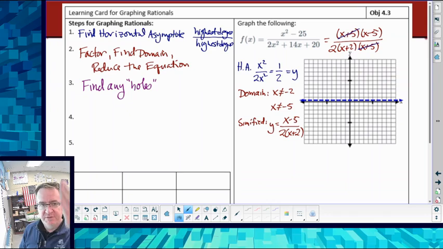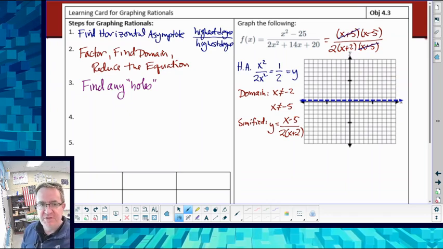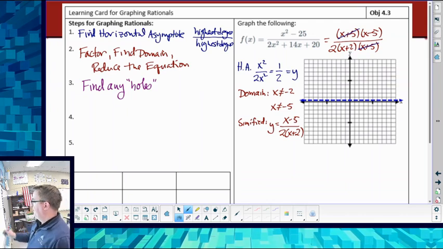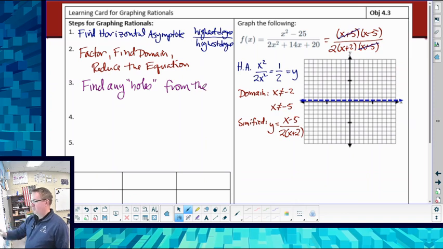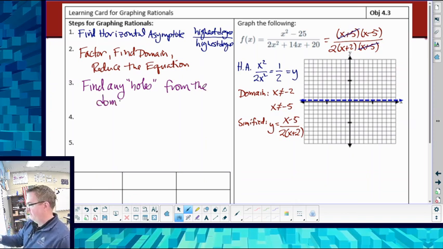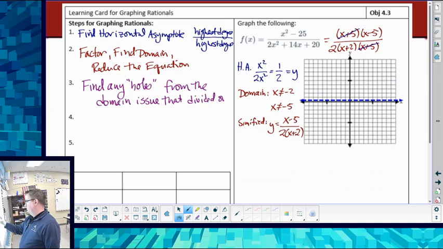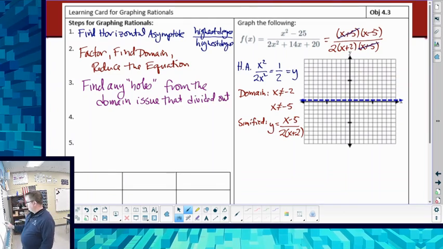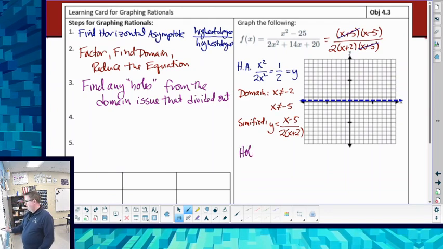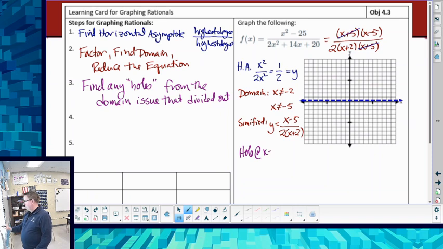You're going to see the vertical asymptotes, they make their presence known. Holes, not so much. You're going to get this from the domain issue that divided out, so that is going to be that x plus 5. So we're going to have a hole at x equals -5.